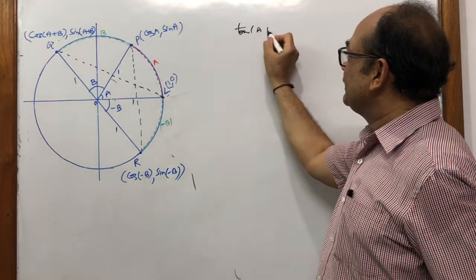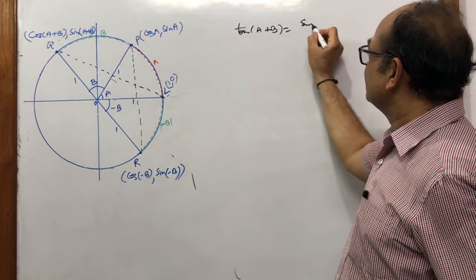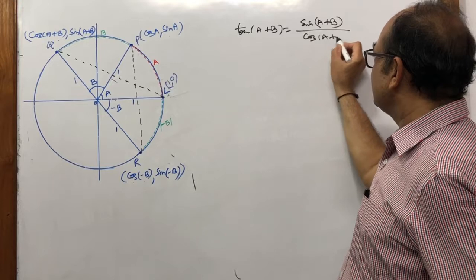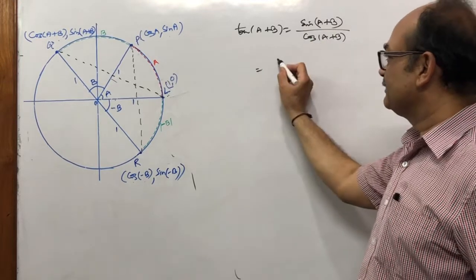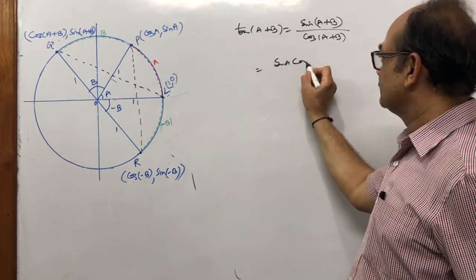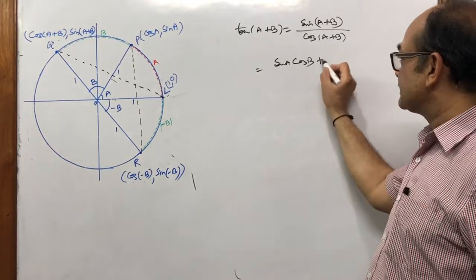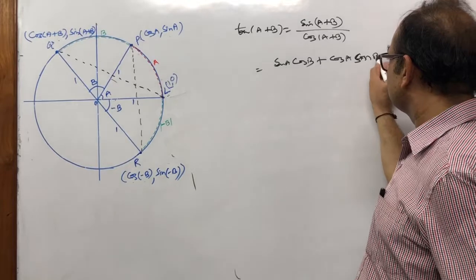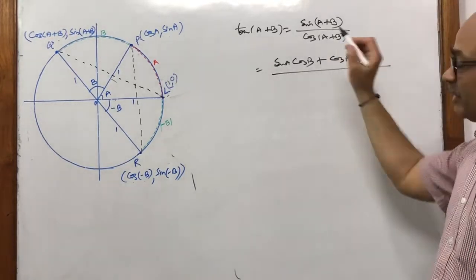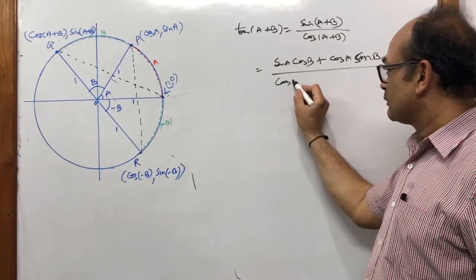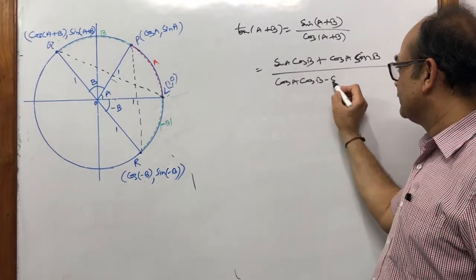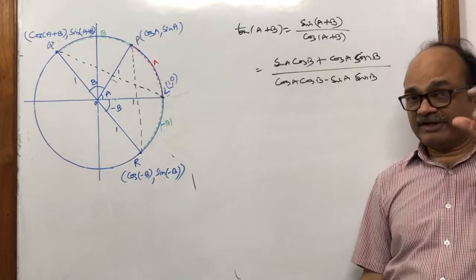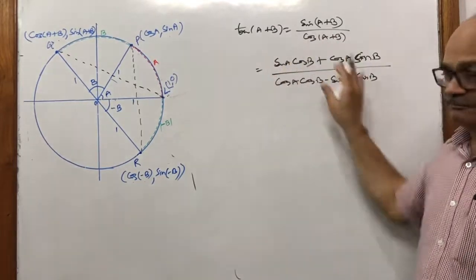So tan A plus B is nothing but sin A plus B divided by cos A plus B. You know the formula of sin: sin A cos B plus cos A sin B, divided by, what is cos A plus B? Cos A cos B minus sin A sin B. Our aim is to convert each one in terms of tan.